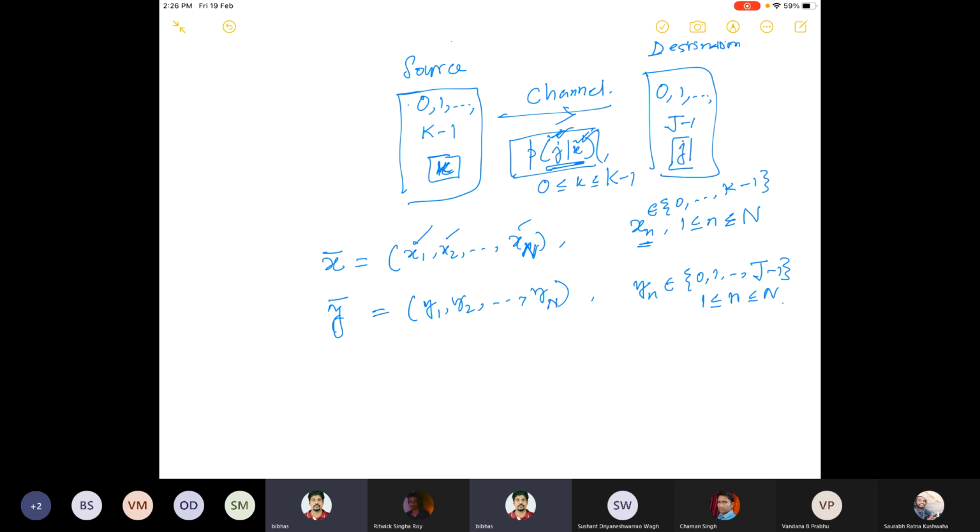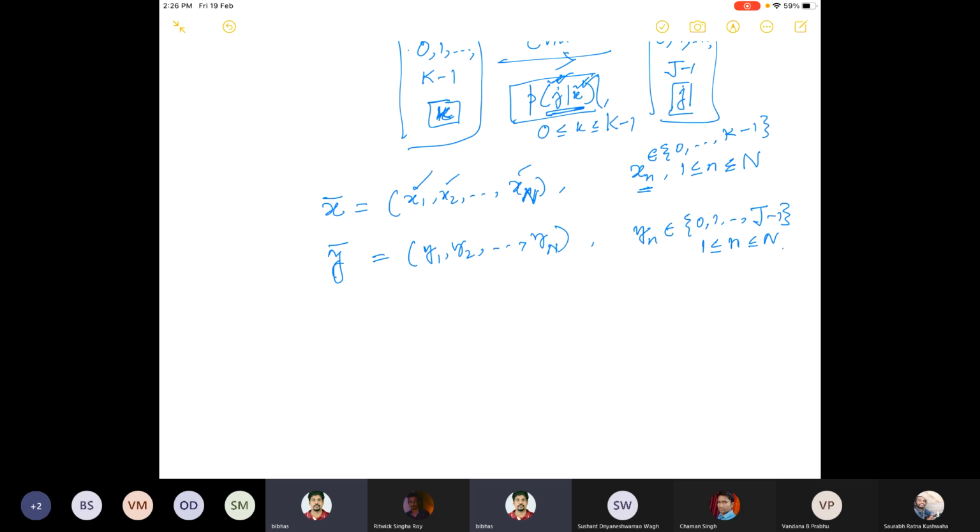Now, if I am transmitting a sequence of letters, then we have to talk about the transition probability. So the probability of, let's say, yn and xn. That means this yn is a term here, and xn is a term here.